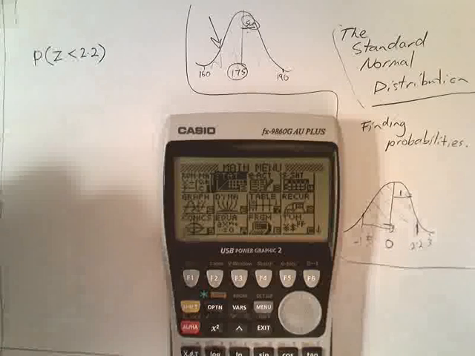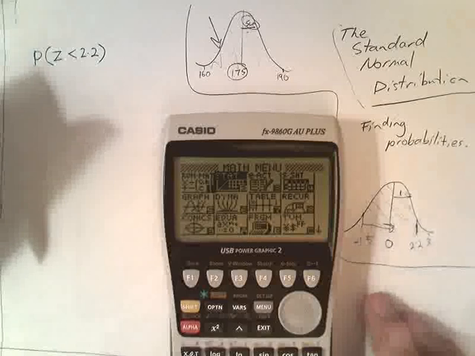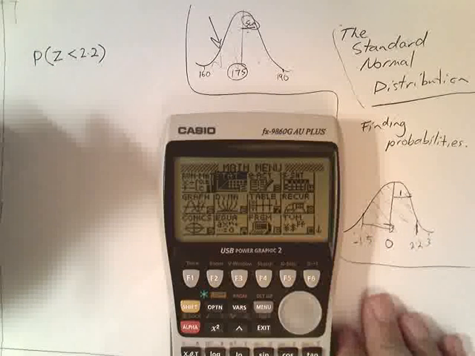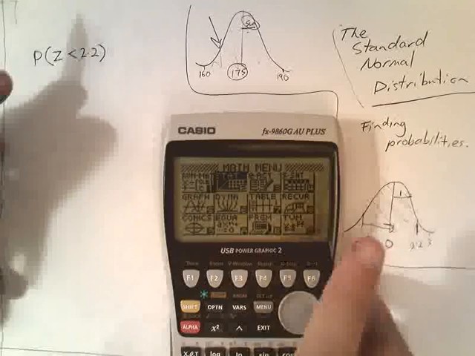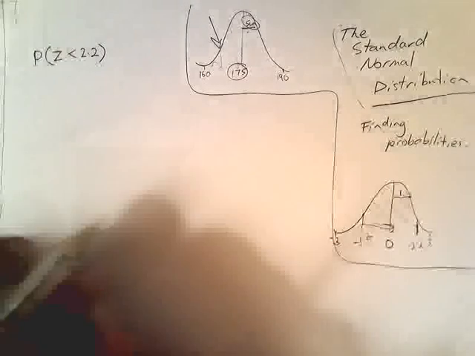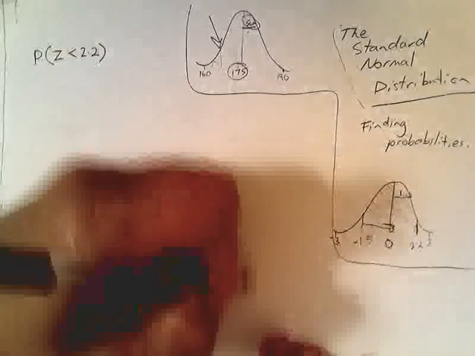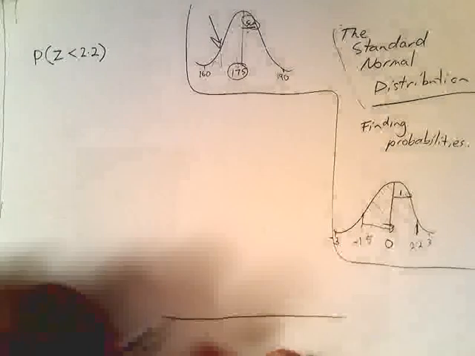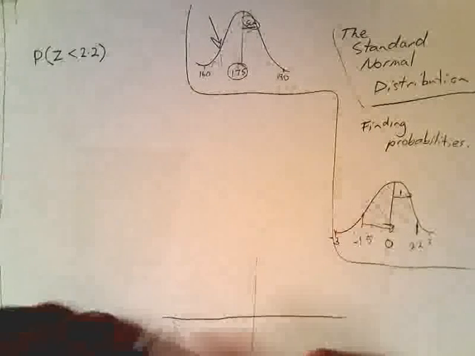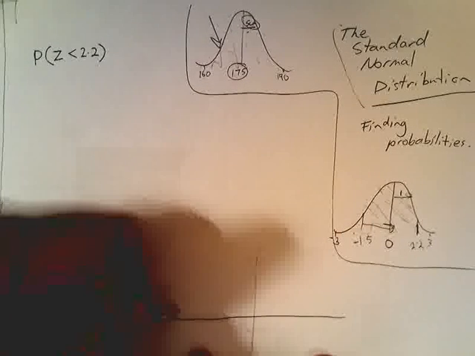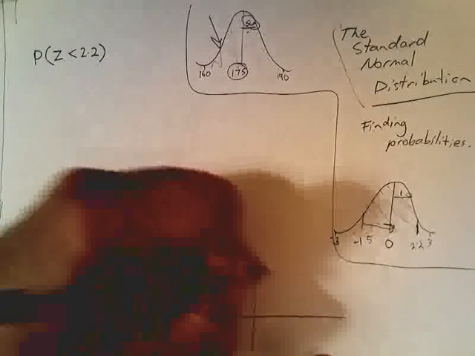Now here's my calculator. Before we get started, there's a few quirks of the maths that mean that if we're going to be really pedantic about this, we need to be really careful. Let me show you what I mean. I'll draw you a little picture. Here's our x-axis, here's our y-axis, and our standard normal distribution looks something like this.